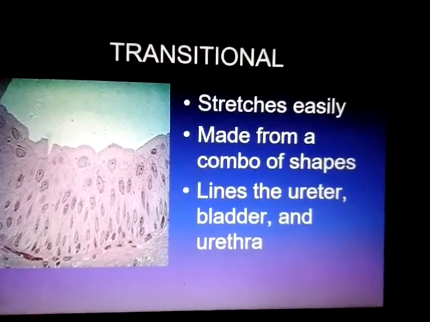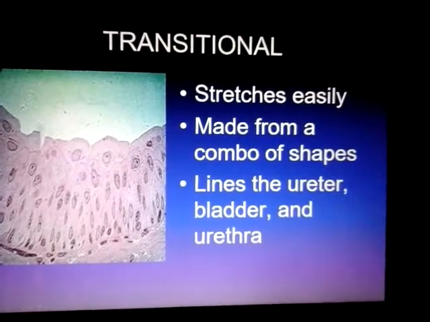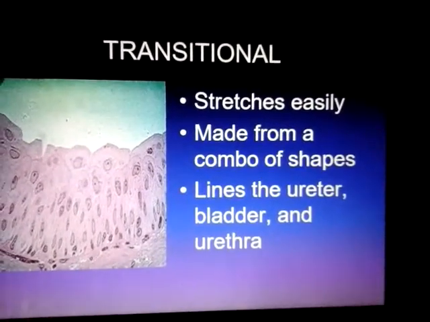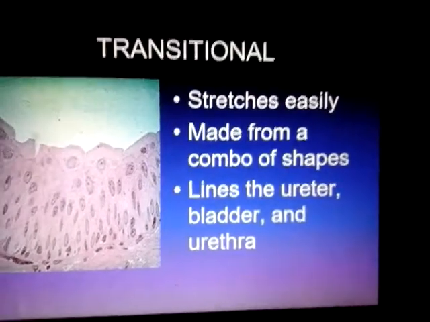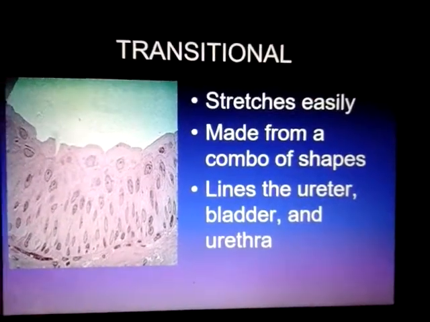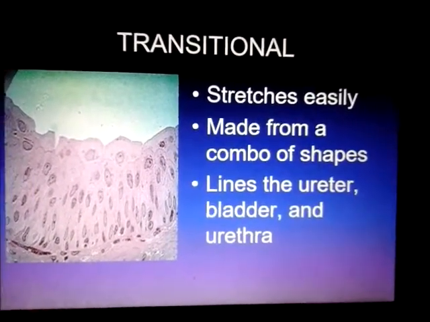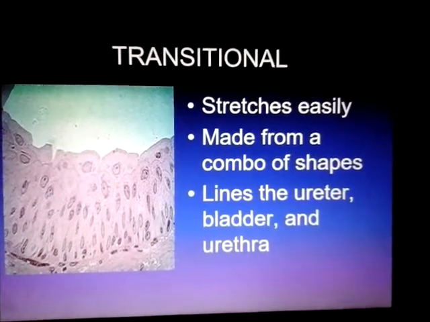And we find these in organs that have to be able to open and close, open and close. So for example, this type of tissue lines a lot of your excretory system, which you guys know of as the urinary system. The bladder, as you know, holds urine. So you need a lining that's thick, because remember, stratified is going to protect something.